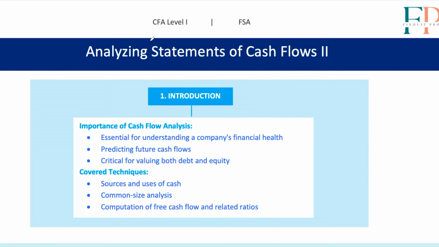In wrapping up, remember that the statement of cash flows is one of the most telling financial documents when it comes to understanding a company's real financial health. Whether you're evaluating a mature company like Procter & Gamble or a growing giant like Tesla, knowing how to read and analyze these statements will give you a significant edge.